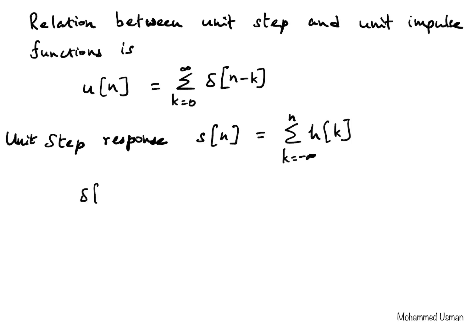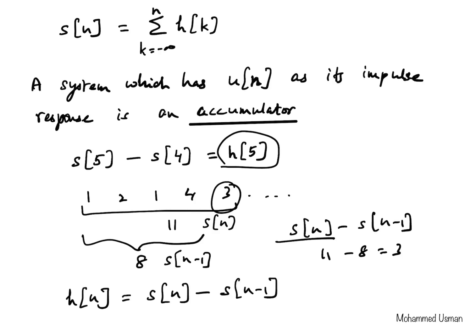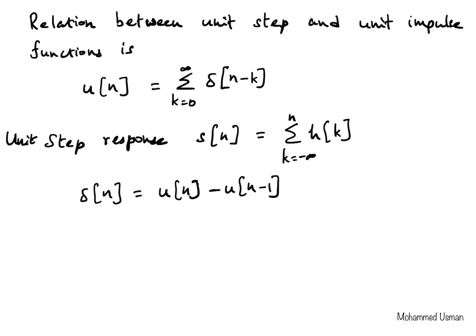So we can write the impulse function delta of n as the first difference of the step function, that is, u of n minus u of n minus 1. So from that, the impulse response h of n is the first difference of the step responses s of n and s of n minus 1, right?